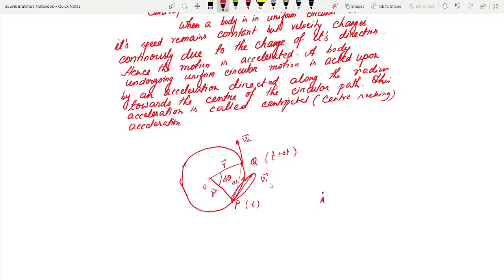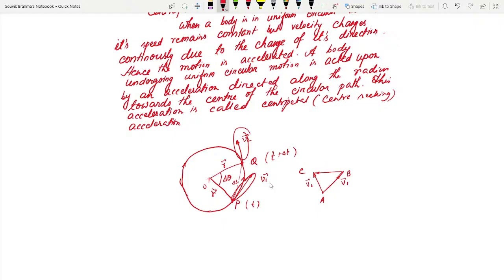Then from point A take another line AC which is equal and parallel to V2, so this point is C. Clear. Now just join B to C.